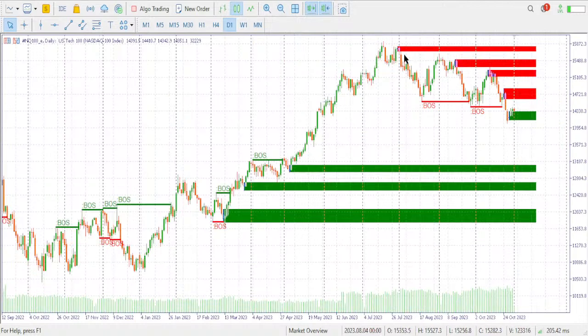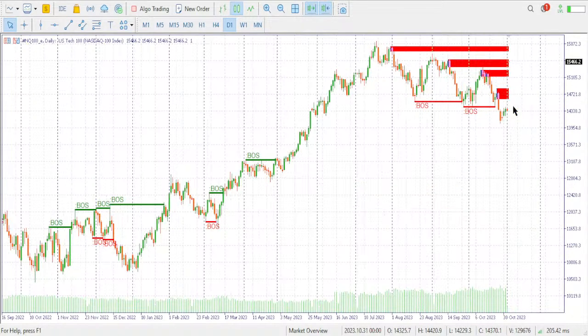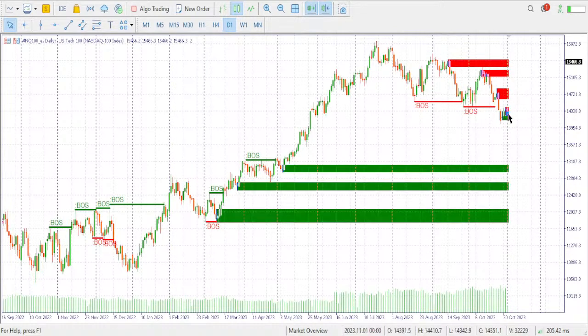We have a very good resistance here, and here, and here. We have a resistance, and we have a very good support here. Then we have a support, a support, and a support here.